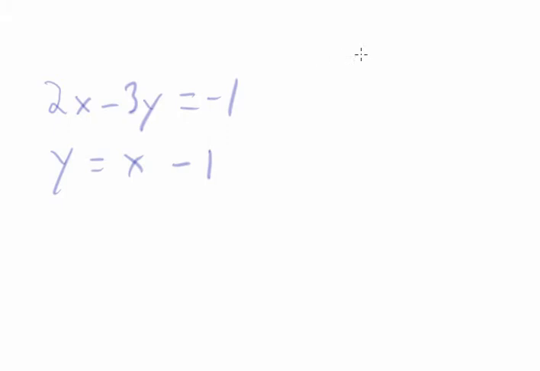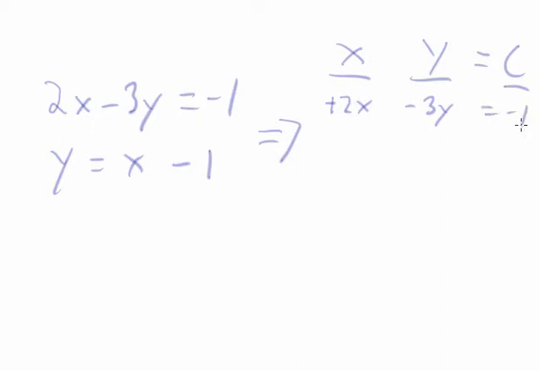Now I want to rewrite everything so that all my x's are in one column, all my y's are in another column, and then equals a number in the third column. So this one's already in that form. It's positive 2x minus 3y equals -1.